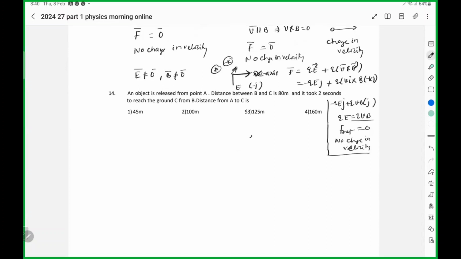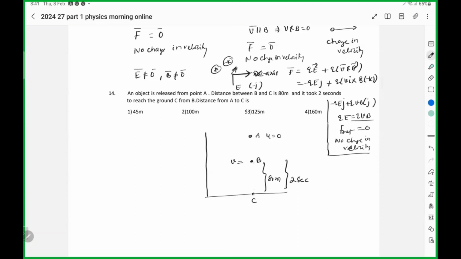Here an object is released from point A. The distance between B and C, this diagram might have given as 80 meters, and it took 2 seconds to reach. Initially, when he releases the particle, at this point its velocity is, let us say, v.